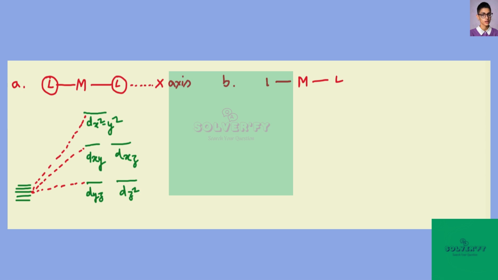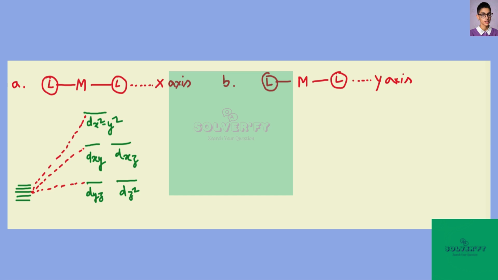Since this is a linear complex, the angle will be 180 degrees, and the axis where the ligands are present is the y-axis. When the ligands are on the y-axis, we have to decide what type of splitting occurs and in which orbital the repulsion and energy are maximum.